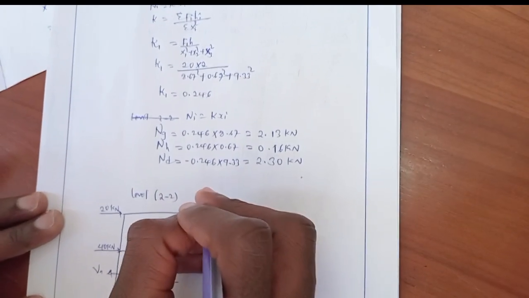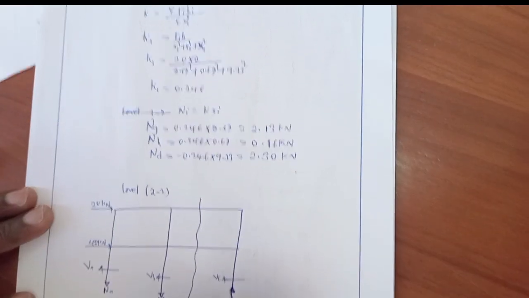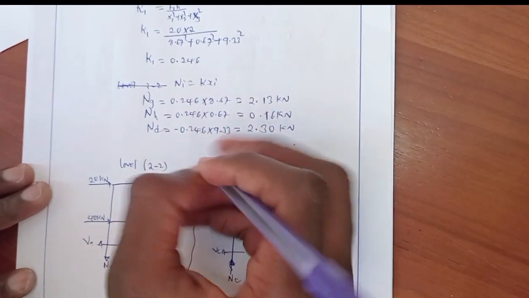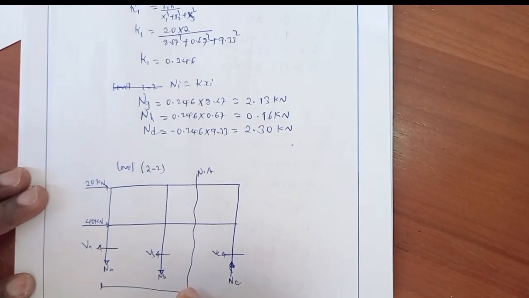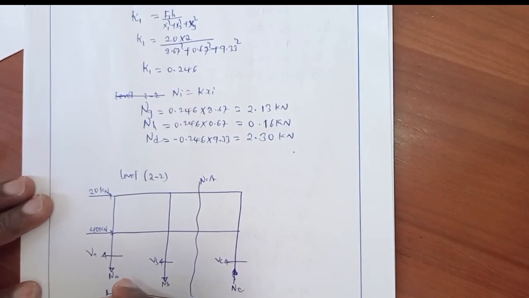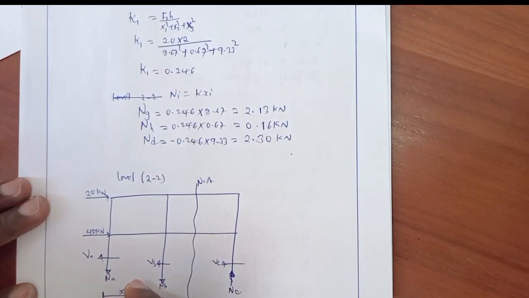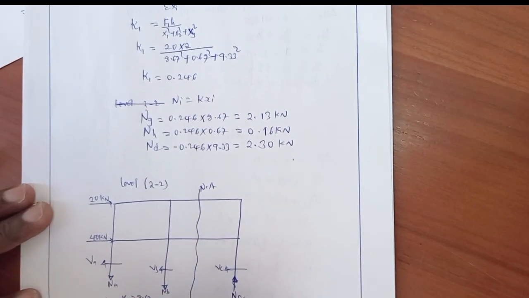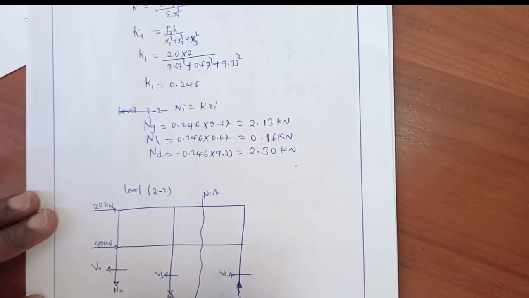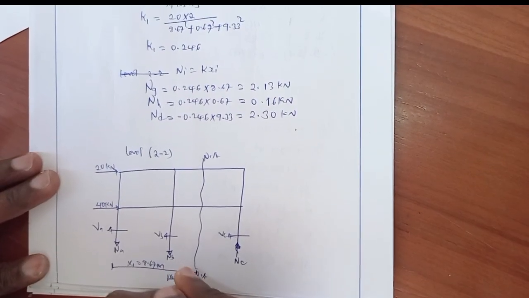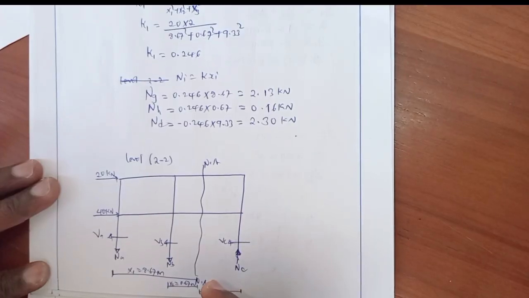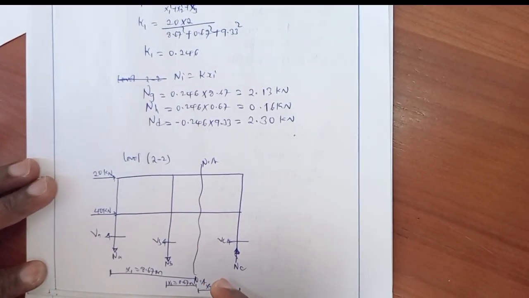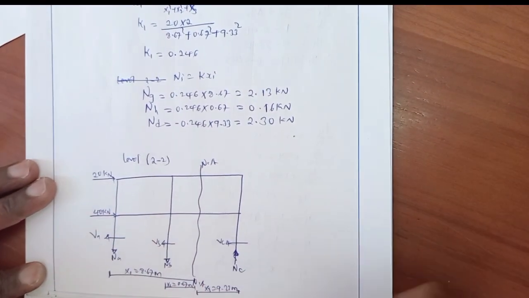This is the centroid. The distance from the centroid from this point to this point is x1, which is 8.67 meter. From this point to this point, x2, 0.67 meter. From this point to this point is x3, which is 9.33 meter.